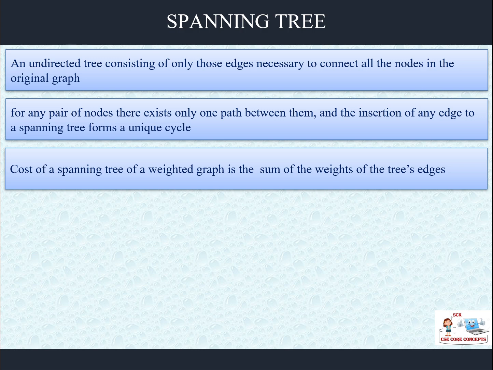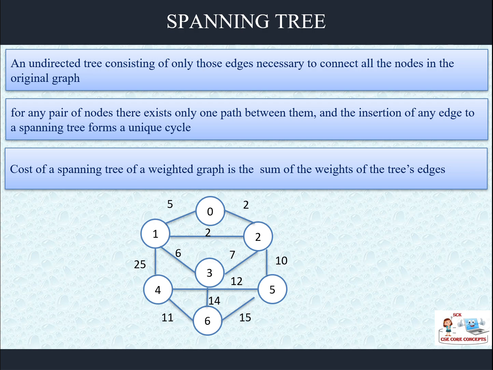And the cost of a spanning tree is defined for a weighted graph. When you are going to find the cost, obviously the graph has to be a weighted graph. The weights on the edges represent the cost of that path, and the cost will be the sum of all the weights. So let us look at a very interesting graph, right? Now here you can see from node 0, let's consider two paths originating, to 1 and 2.